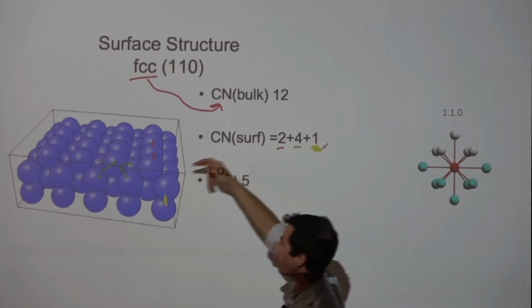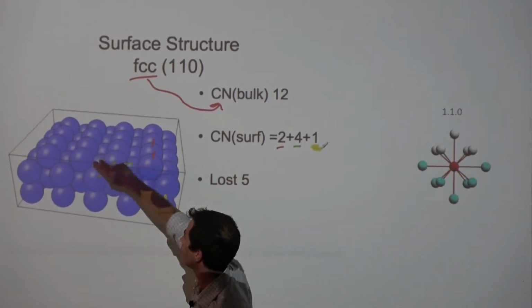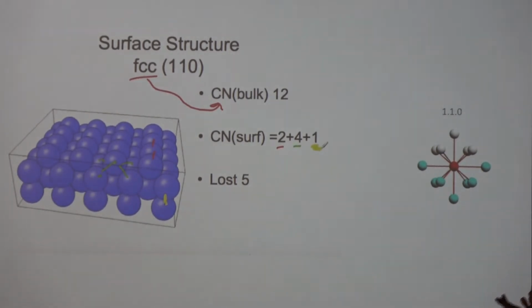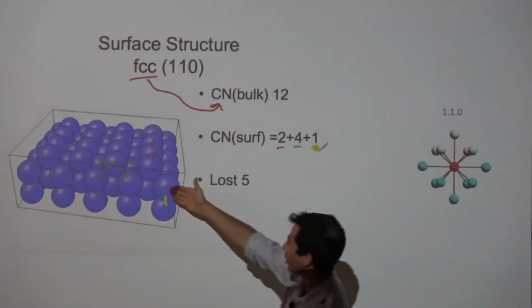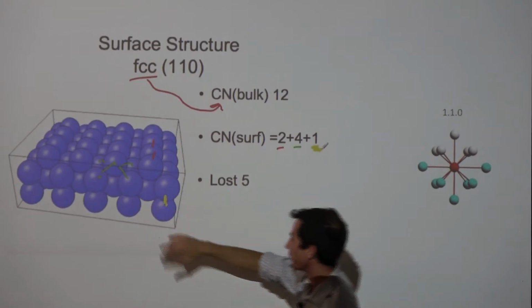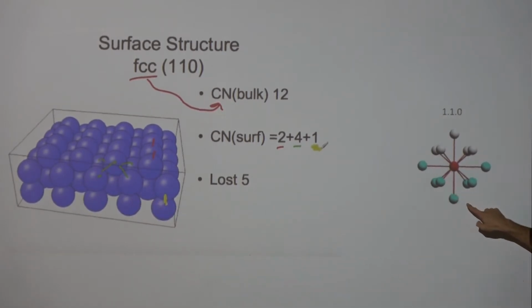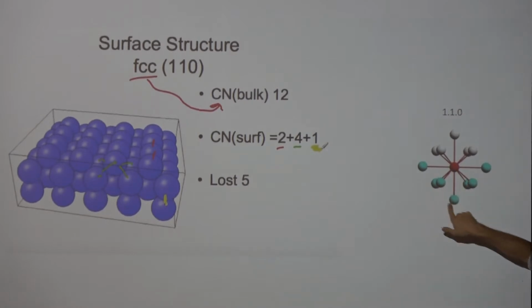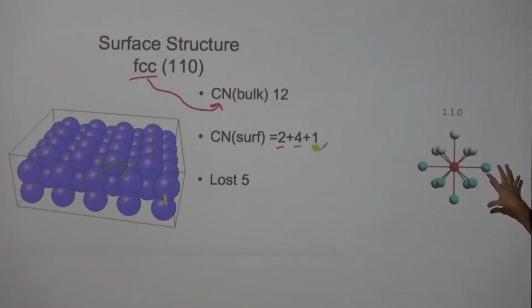It's, again, resting on 4, 1, 2, 3, 4, just like the last one, sitting in a little cup of 4. And it has 1 directly below it. So that's what this is showing you: the 2 on either side, the 4 that it's resting on, and the 1 directly below it. So you have 7 nearest neighbors, so you lost 5.